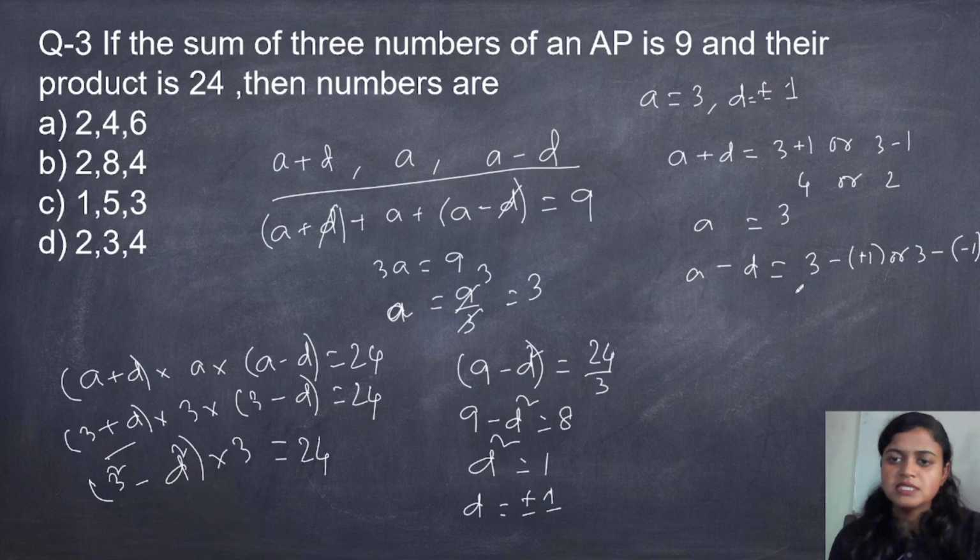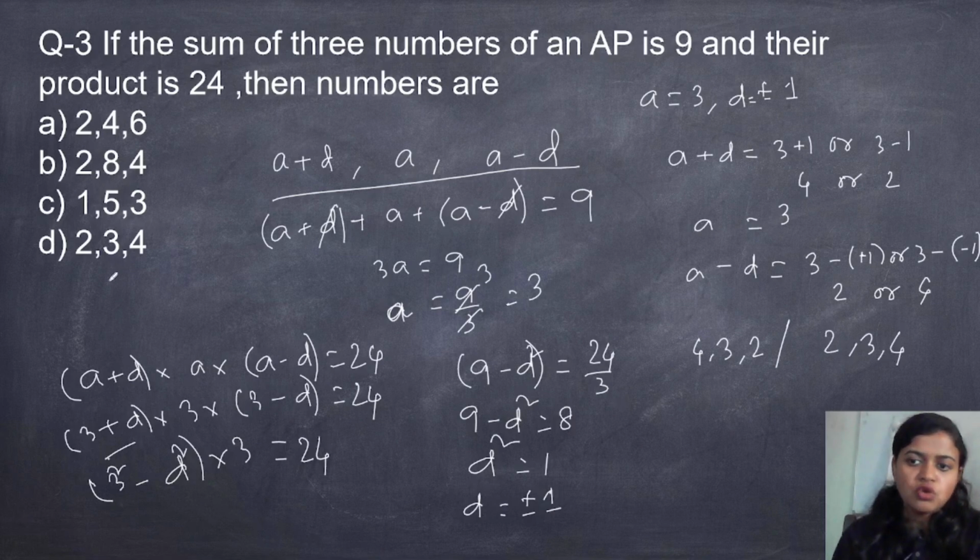So the answer comes like this: 4, 3, 2 or 2, 3, 4. Let's see, 2, 3, 4 matches here. So option D is the correct answer here.